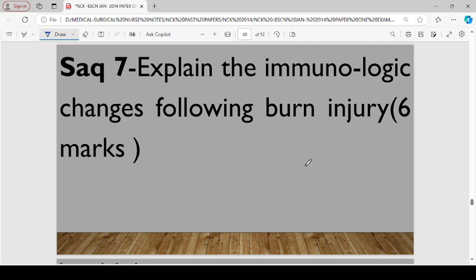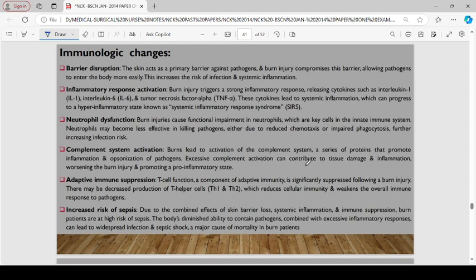Number 7, you are requested to explain immunologic changes following burn injury, right? Burn injury, immunological changes. We all know that the skin normally acts as a primary barrier against pathogens, and when someone has a burn injury, it's going to compromise this barrier. This will allow pathogens to enter the body more easily, and this will increase the risk of infection and systemic inflammation.